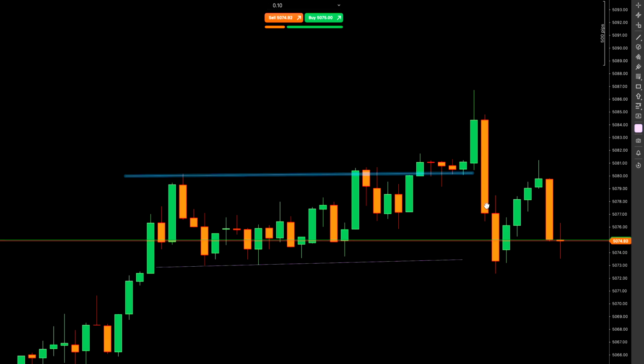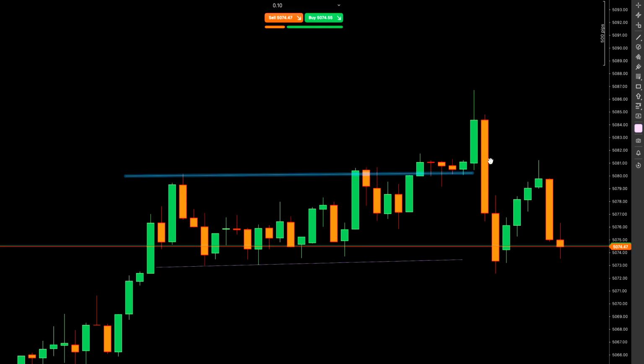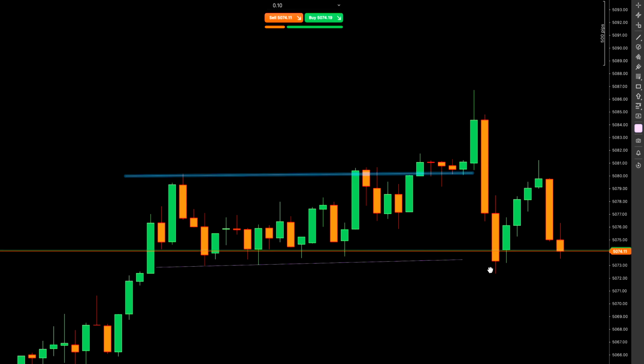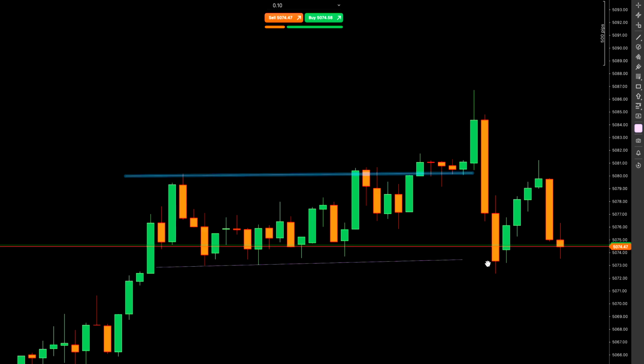That's the one. You see, that's the difference. So now with this bearish engulfing, you could still take one or two trades, but be mindful of certain areas.